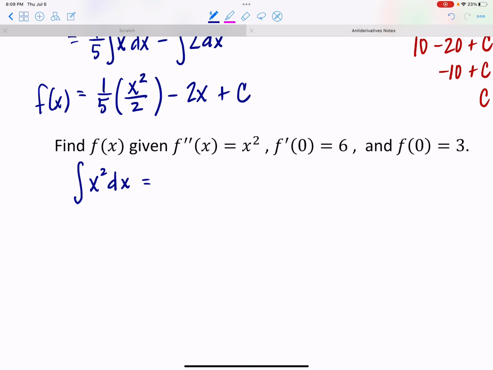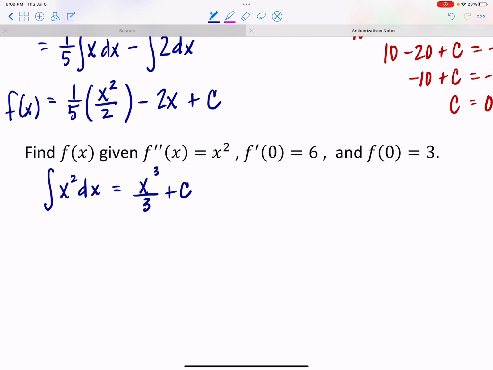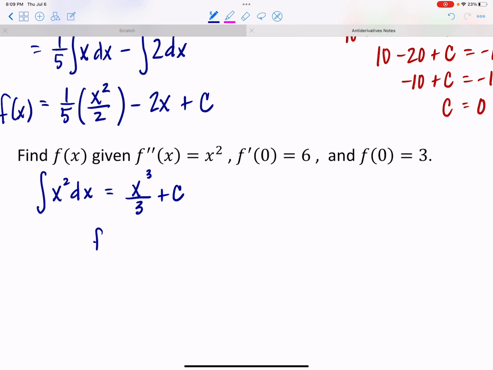So this is going to be x to the third divided by 3 plus c. Now again, I need to be specific here, and this is technically my first derivative now. So it's, let's rewrite this, 1/3 x cubed plus c. But right here it says that my first derivative at 0 is going to be 6. So I'm going to input a 0 for x.